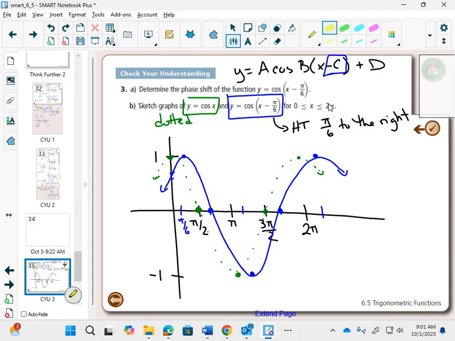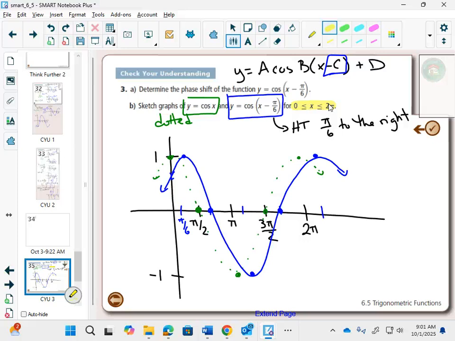I'm going to highlight it. Instead of that highlighted part, usually on the exam, they say graph for at least 1 period, which is really nice. Because as soon as you go from maximum to maximum, you've got 1 period, and then putting the arrowheads on to say that it continues, I actually think that's the best way to graph something like this, because you say that it keeps going.